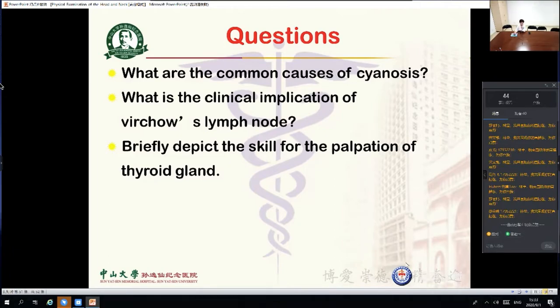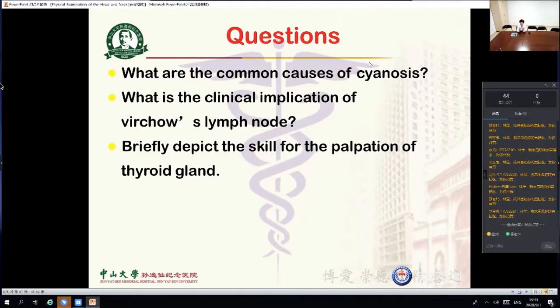So this is reminding information for you. What is the definition of cyanosis? The oxygenation of the hemoglobin is decreasing, and then the hemoglobin will turn into methemoglobin or sulfhemoglobin, which shows the bluish color.